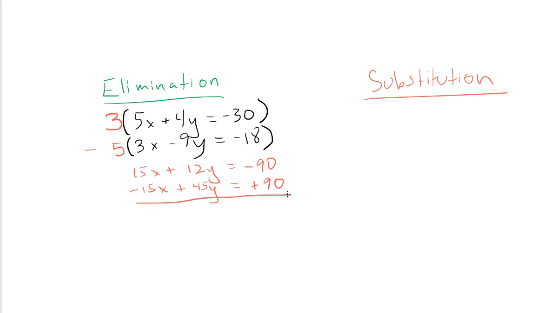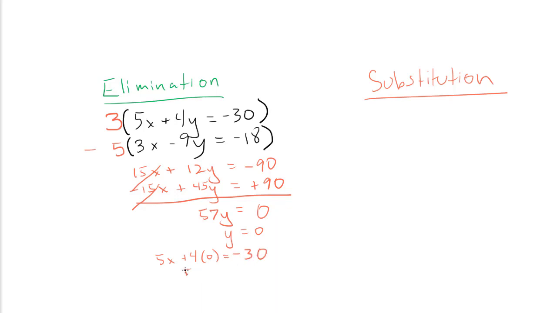So what does that work out to when I add the equations together? I eliminate my x's. I get 12 plus 45 is 57y equals minus 90 plus 90 is 0, which means y equals 0. Okay? So if y equals 0, I can plug back into the other equation and say 5x plus 4 times 0 equals minus 30.